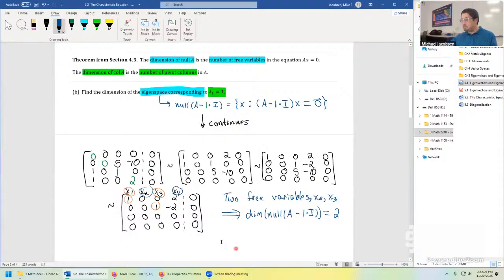So if we continued by filling out what the null space is, it'd be the span of two linearly independent vectors. Those vectors would be the eigenvectors themselves, but all we want here was the dimension.